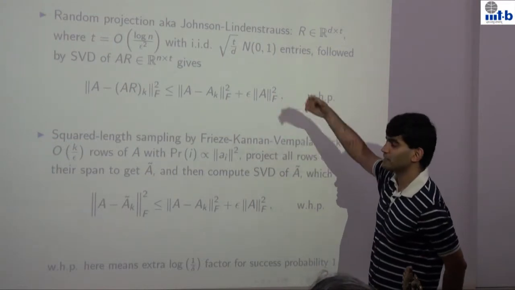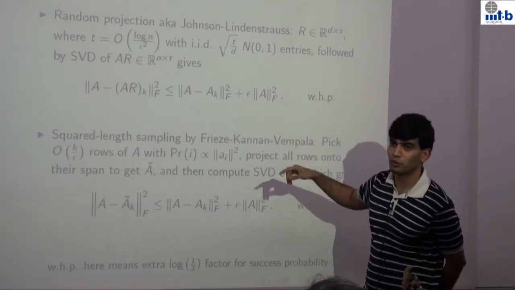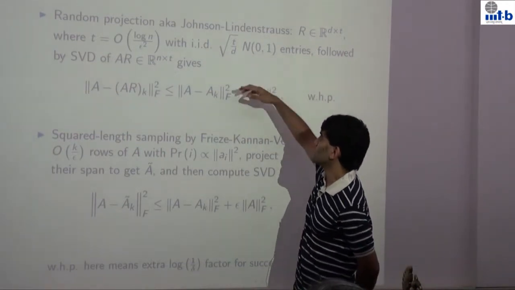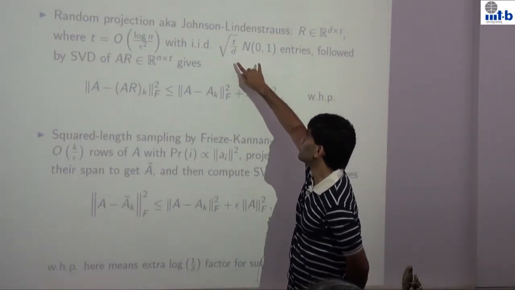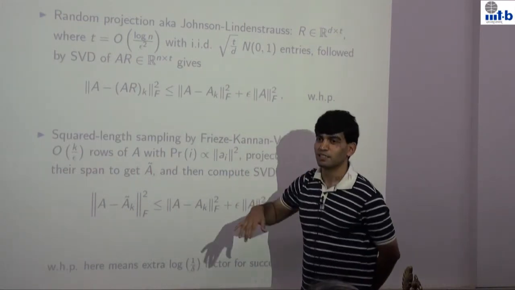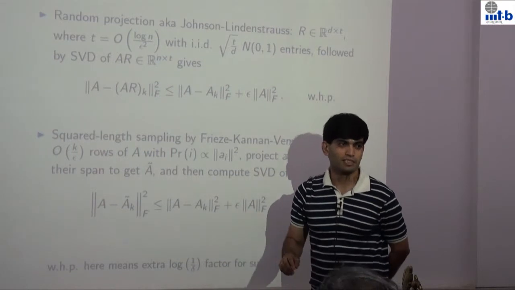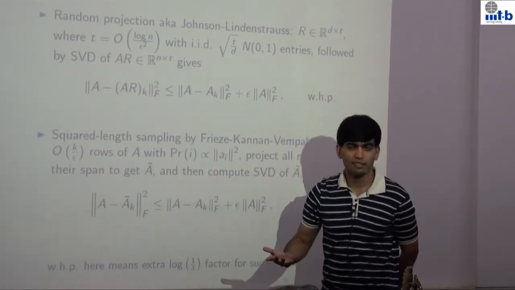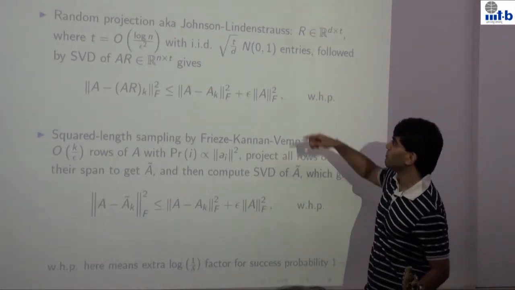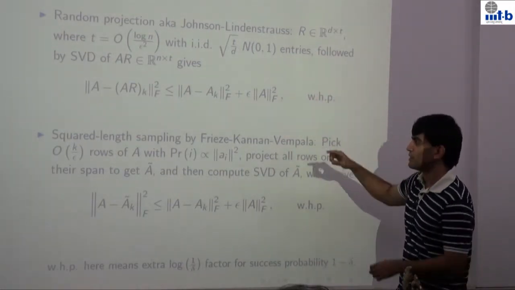In fact, there are faster algorithms for doing this Johnson-Lindenstrauss. The faster algorithms want to do a matrix multiplication not with this random matrix, but something else, which is say sparse, or which is easier to multiply A with. So there is a lot of work going on about making this step faster.